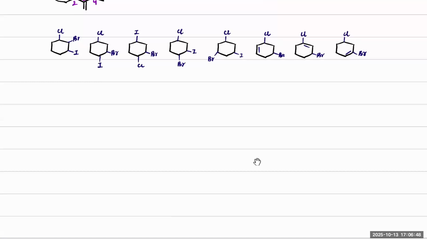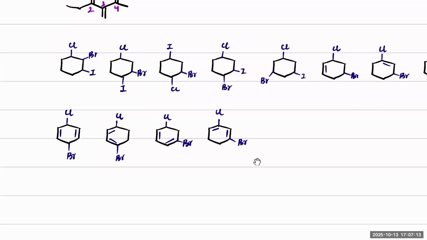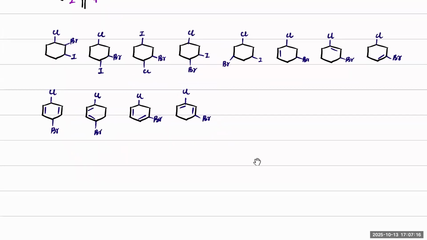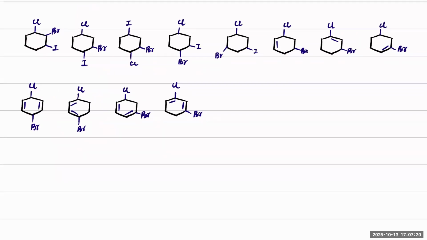Next one we have chlorine and bromine with two double bonds like this. Done. Chalo. In all the cases, I would give you 5 minutes of time. Please make sure you write the numbering correctly.